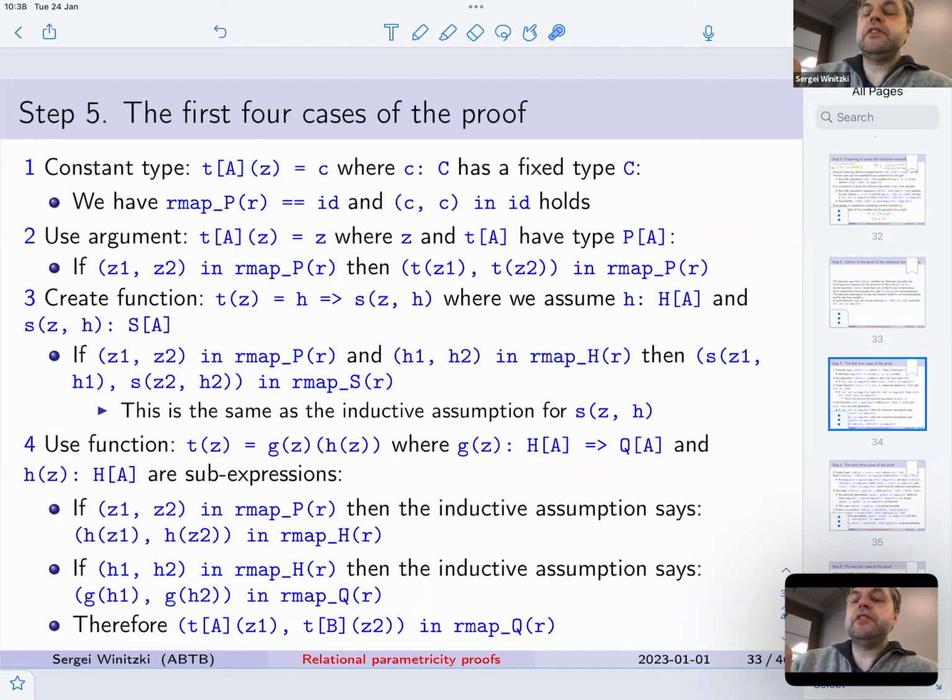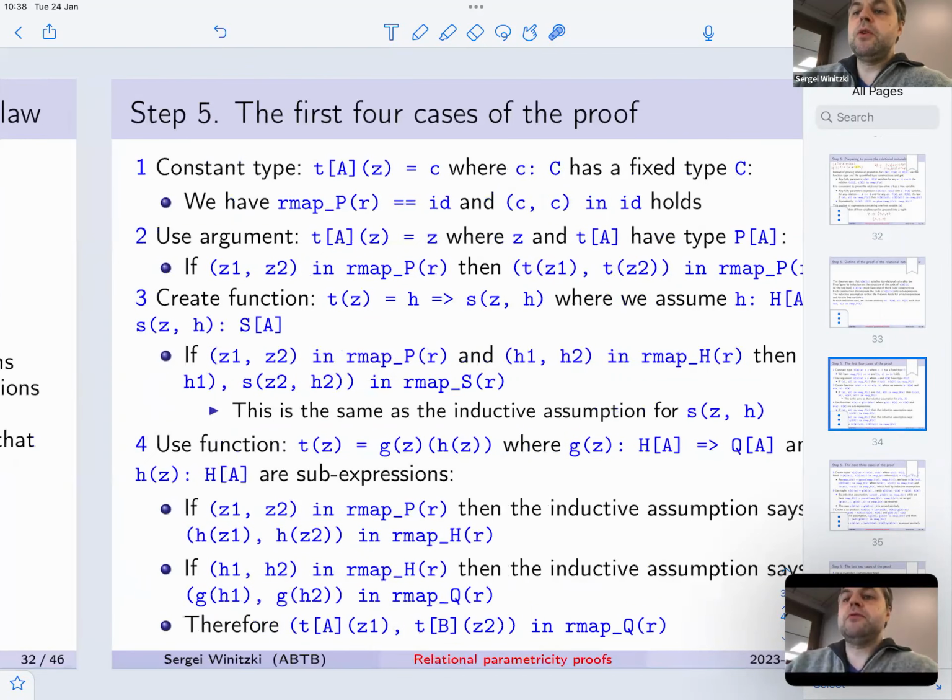The second case is when we use the arguments. Now this case did not actually use the argument. It was a constant value, and this uses the argument. So that argument has type P of A, and so T of Z also has type P of A. So P and Q are the same.